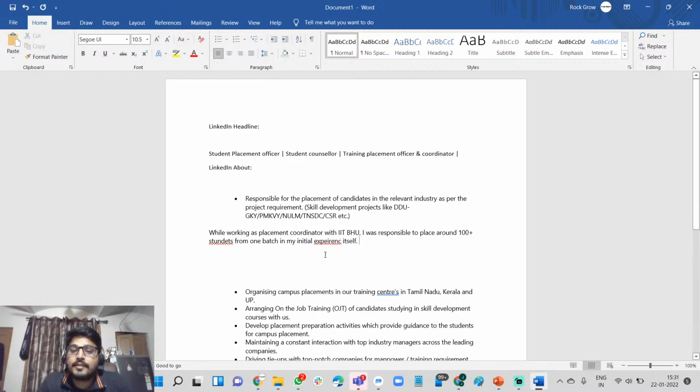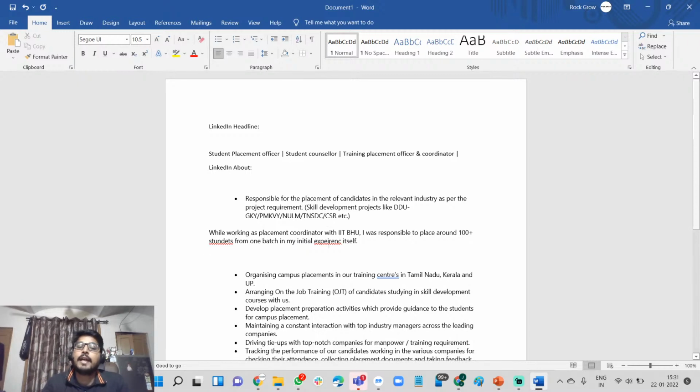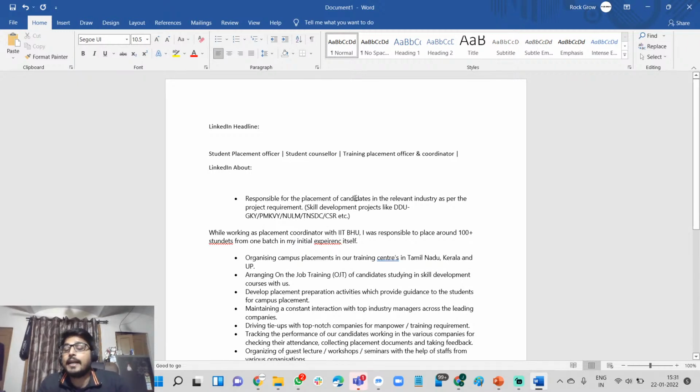You guys can fix the spelling issue. The idea is that whatever their requirement is, we have to write here what relevant experience we have. If the candidate needs to have experience in placing students, that's something I'm going to highlight.